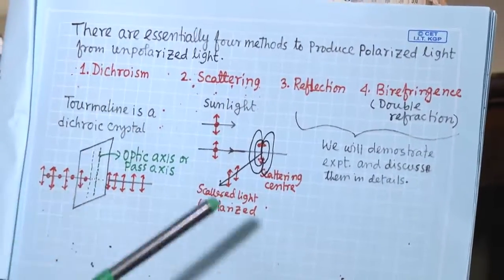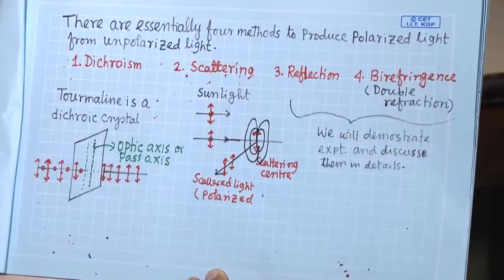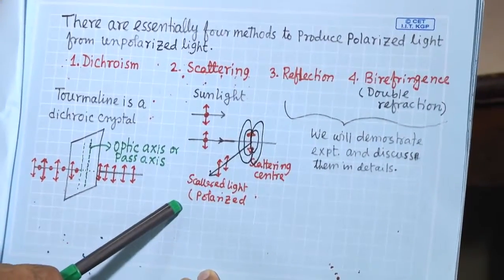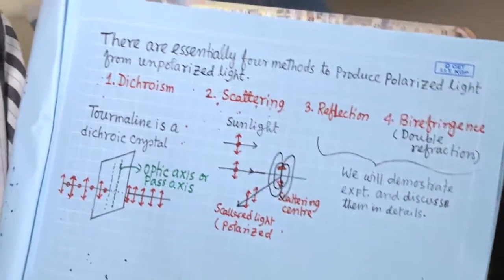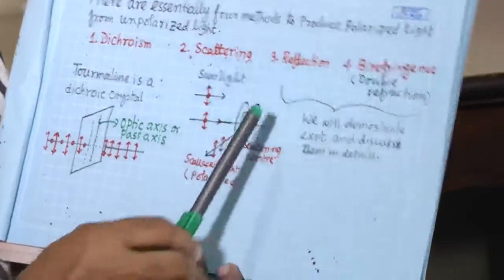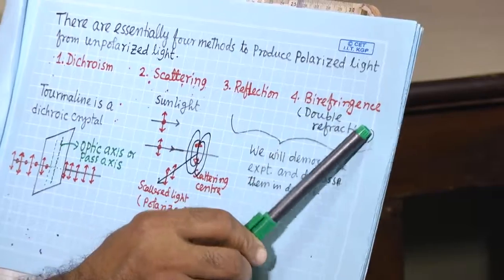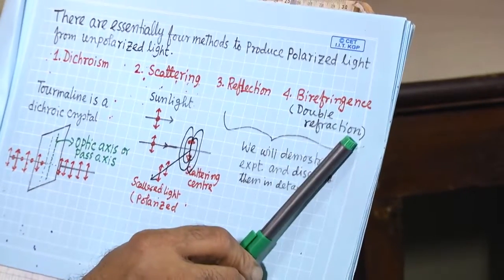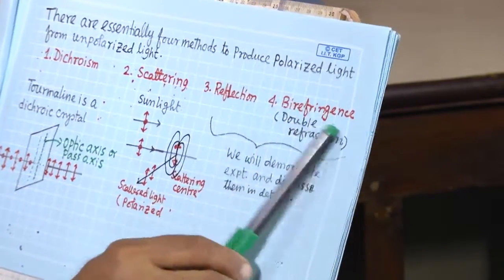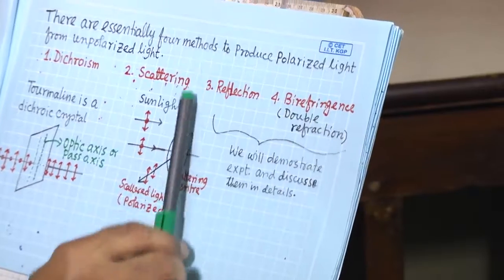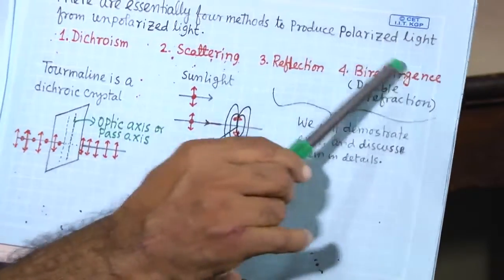It may be partially polarized, but after scattering with many particles, finally one can get polarized light. So scattering is also another reason to polarize the light. Third is reflection, and fourth is birefringence or double refraction. These two are very important methods. Generally most polarizing devices are based on these two methods.